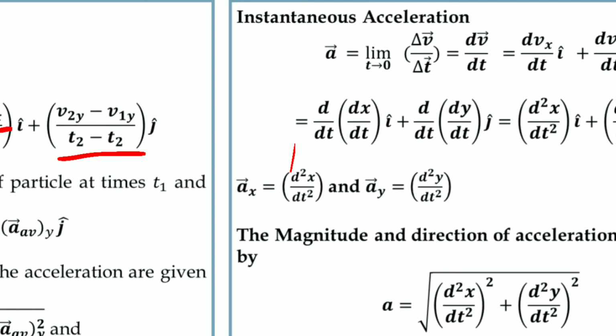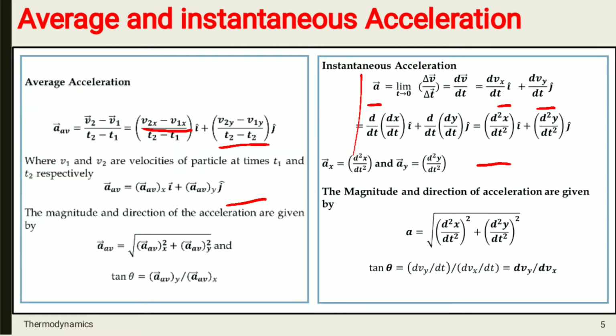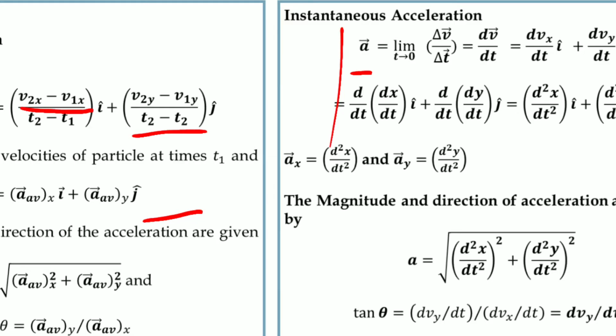So the acceleration along the x axis is ax bar equal to d2x by dt square, and ay, the instantaneous acceleration along the y axis, is equal to d2y by dt square.